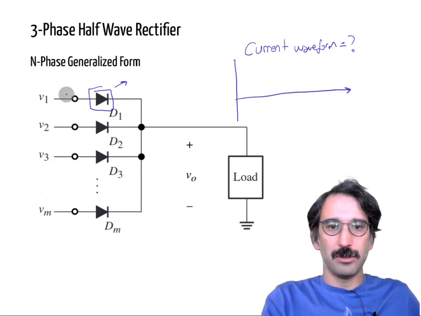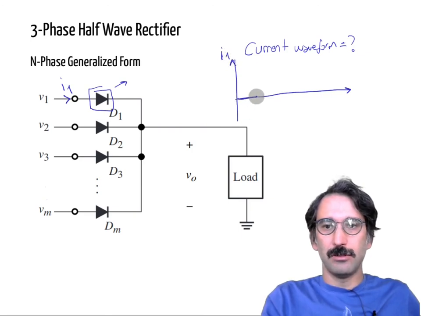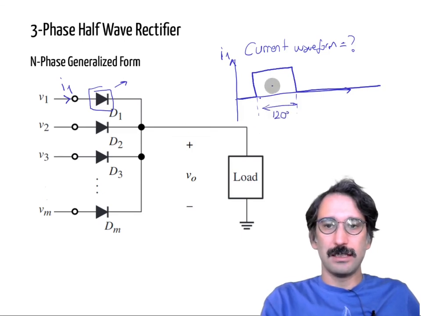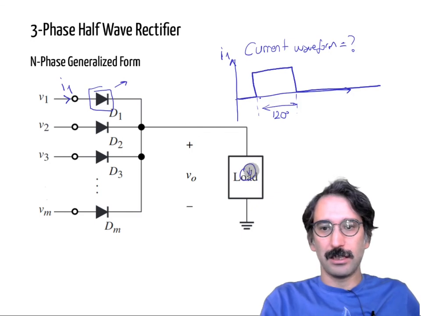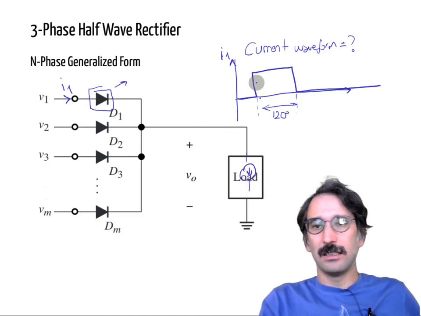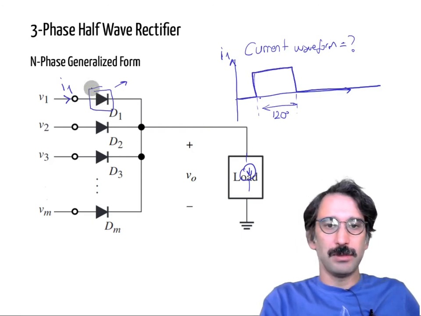So if I plot I1, it will be off, then it will be on, then off for some time, and that period is 120 degrees. Yes, it is on, and if I assume a constant DC, then it will be carrying DC current.